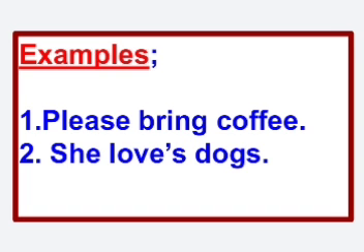If I remove coffee, the sentence is not complete. "Please bring" doesn't make sense. Please bring what? So it answers the questions "what" and "whom". Let's see the second example: She loves dogs. If I remove dogs, "she loves" could be anything.